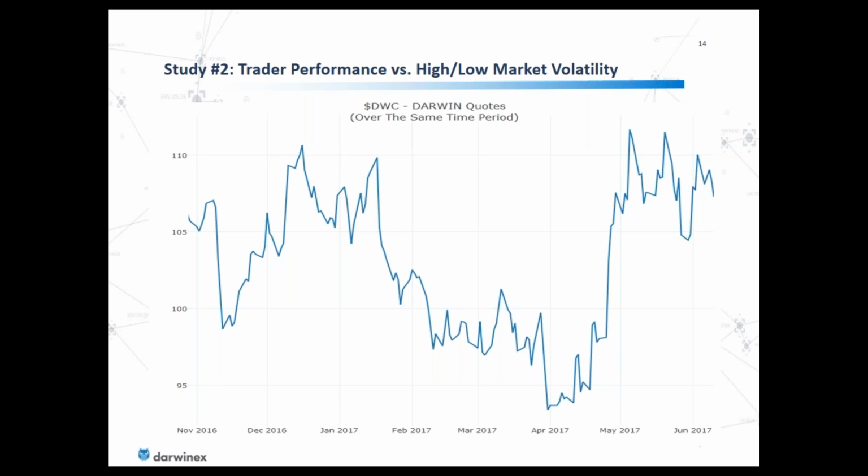So from previous webinars and blog posts, you'll know that a rise in DWC indicates underperformance in the community, and a fall in DWC, the middle portion of this chart, as you can see, a decline in DWC's performance indicates that the community is doing really well. So this asset serves our purposes really well in the quest for comparing trader performance versus volatility.